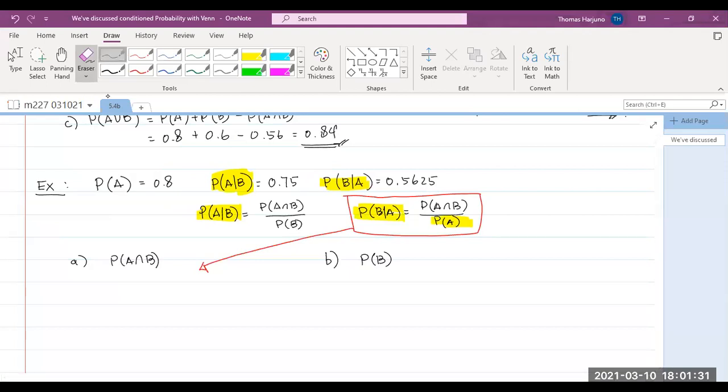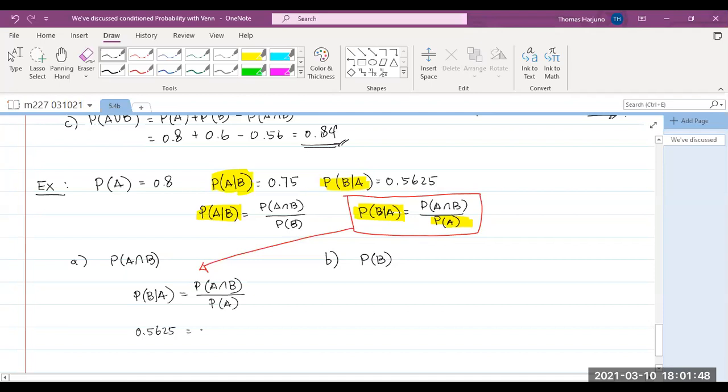Okay, that's what I will use. So probability of B given A equals probability of the intersection over probability of A. Probability of B given A is 0.5625. Probability of the intersection is the probability we look for. And probability of A is 0.8.